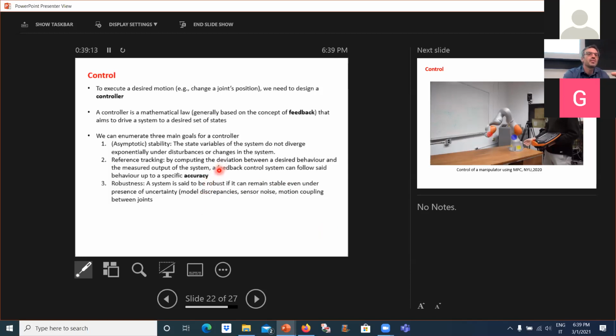So you, the designer of the controller, decide, I don't know, to perform this task, I want to be able to reach the target with a 0.5 centimeter error. It's okay for that. Then you write this specification and you design the controller to have a 0.5 centimeter maximum position error accuracy.